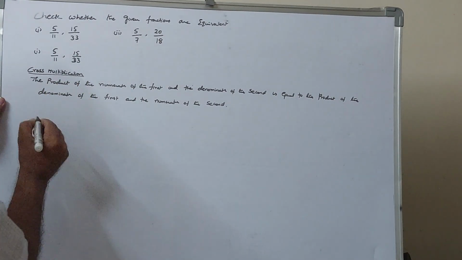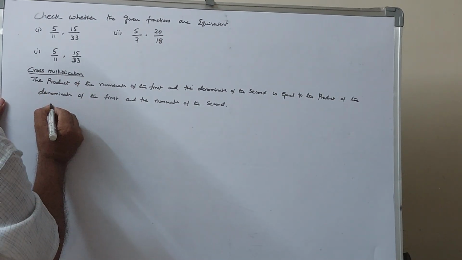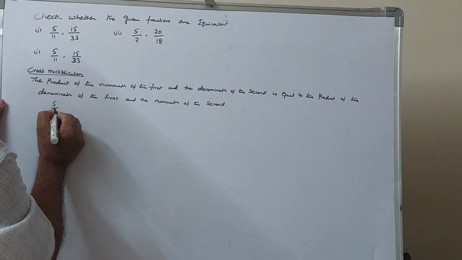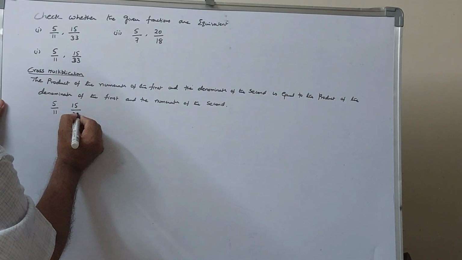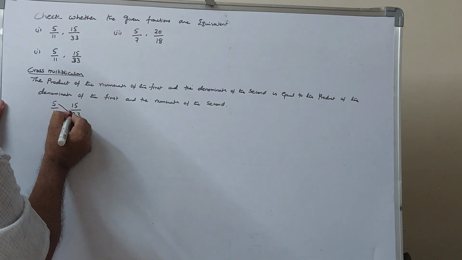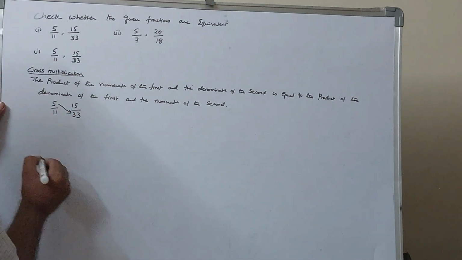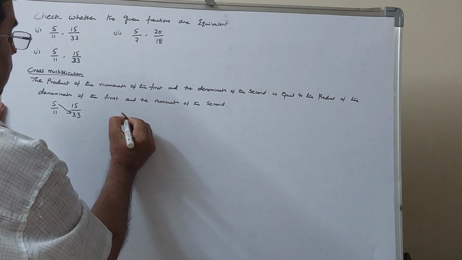So 5 by 11 and 15 by 33. This is called cross multiplication.